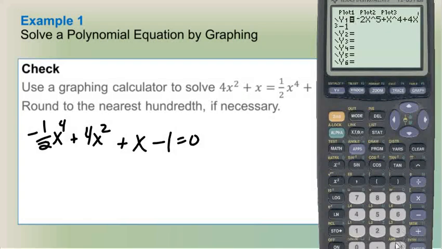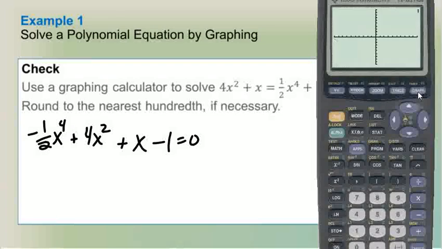A negative, I'm going to put a decimal, 0.5 x to the 4th plus 4x squared plus x minus 1. Okay, graph. Actually, yeah, that's correct. So graph that.